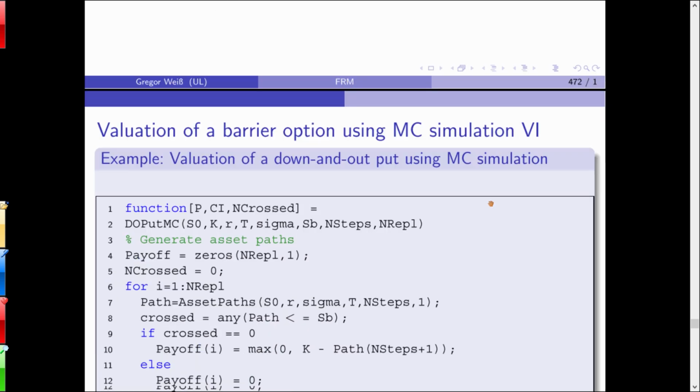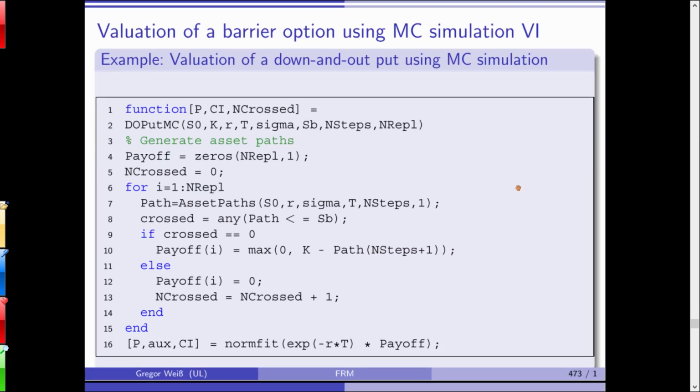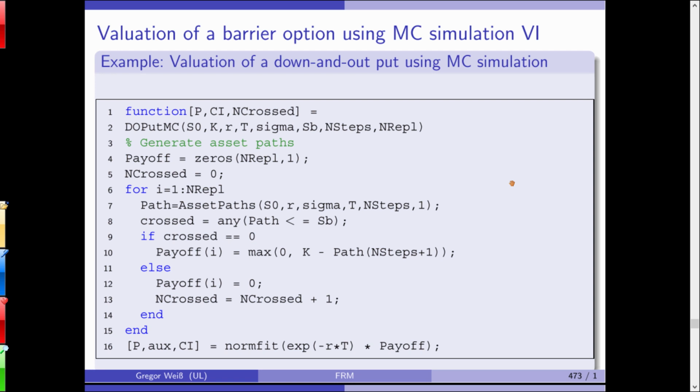Now with this option, you can see that it's slightly more complicated when we get to the programming. Why? Because we now need to simulate the path, and in every step we need to check, has it crossed the barrier yet? No? Okay, go further. If it has crossed the barrier, stop, if it's a knockout product.